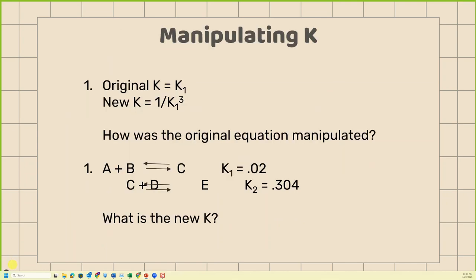All right, so manipulating K. Remember, if you multiply through by, I don't know why it's distorted, how was it manipulated, this one? Original K. What is the new K? So original K is K1, new K is 1 over K1.